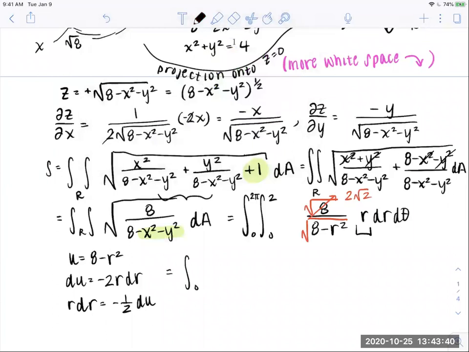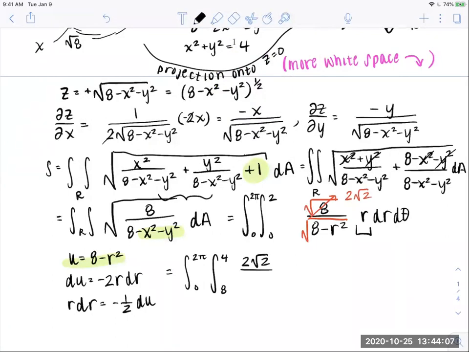I still have my theta limits from 0 to 2 pi. I'm going to go ahead and change my r limits in terms of u. So I'm looking at this u equation. When r is 0, u is 8. And when r is 2, u is 4. So I've just changed my limits of integration. I had my square root of 8 on top, which is a 2 root 2.